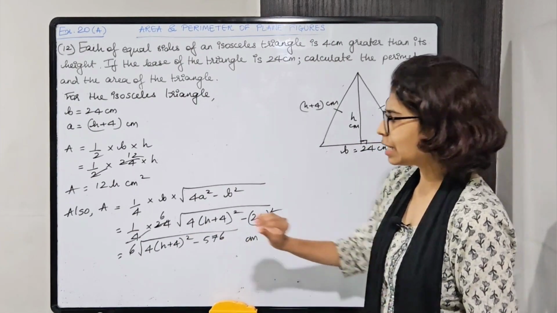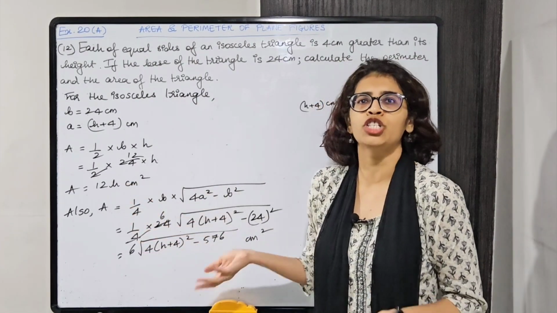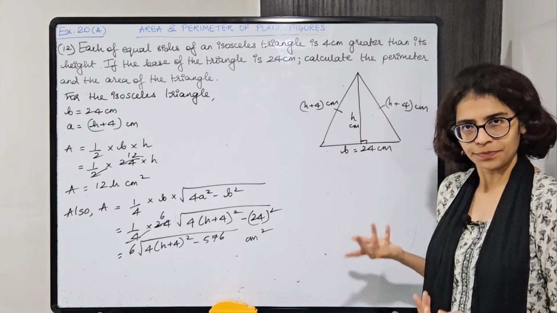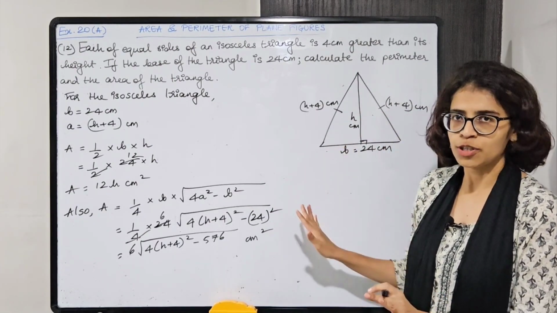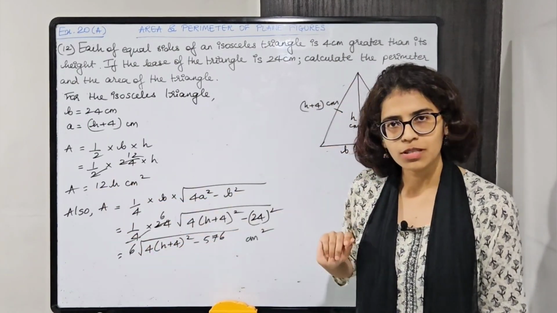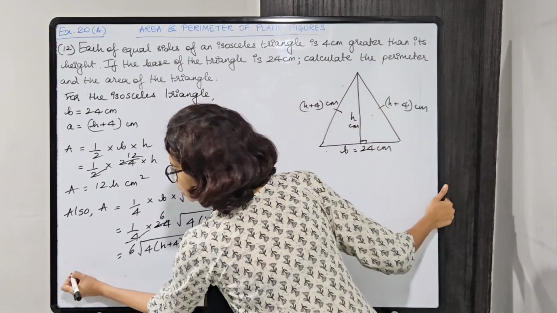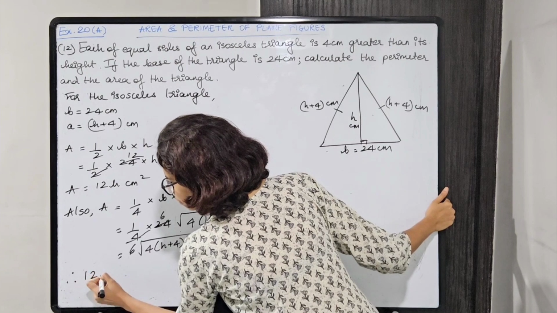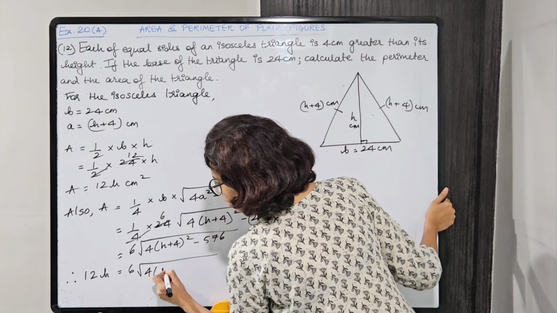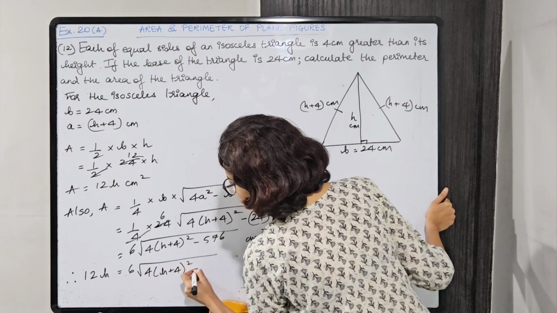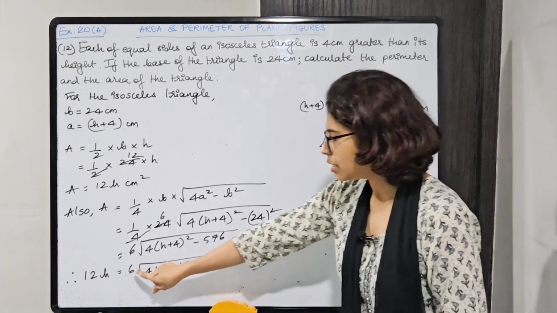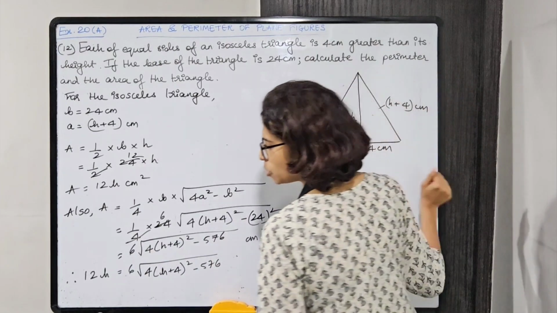I can say that area in both the cases will be same. Whichever formula I use, area of the triangle is going to be same only, है ना? As long as the dimensions are same. So 12h will be equal to this. Therefore 12h is equal to 6 into root of 4 into (h plus 4) the whole square minus 576, right? लेट्स शिफ्ट 6 ओवर हियर, डिनोमिनेटर में जाएगा.